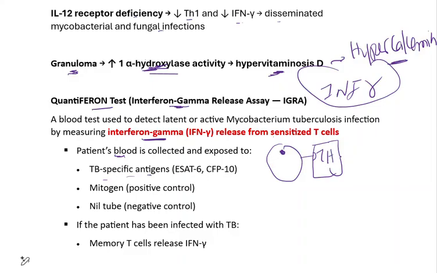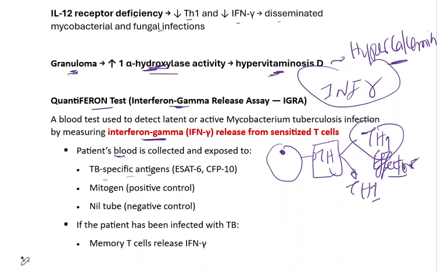And those T cells differentiate into Th1 cells. Some of these Th1 cells become effector cells, which we're going to talk about when we get to immunology. And some of them become Th1 memory cells. The memory cells keep the memory for the future, whereas the effector cells go into circulation and act, right?